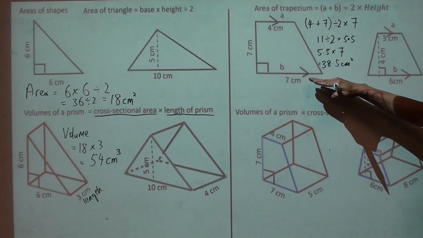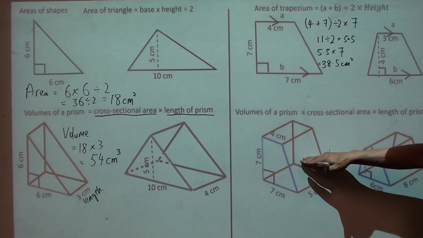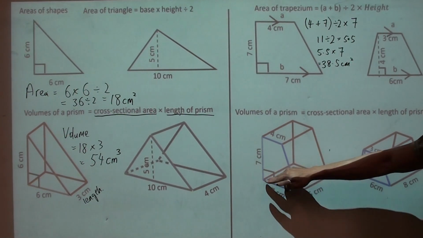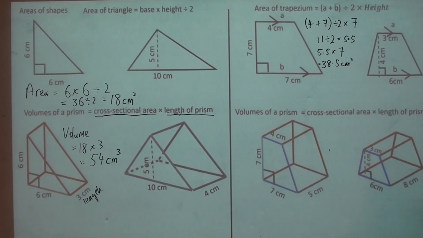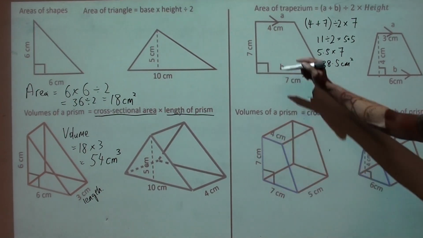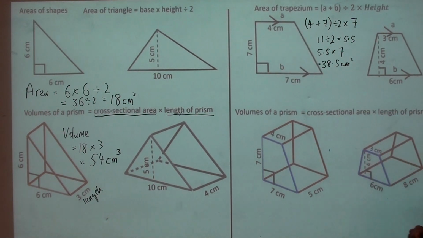Now we're going to take whatever we found here and use it in the volume of this prism with a cross-section of a trapezium. You notice that the cross-section of this prism is exactly the same shape as this trapezium over here.